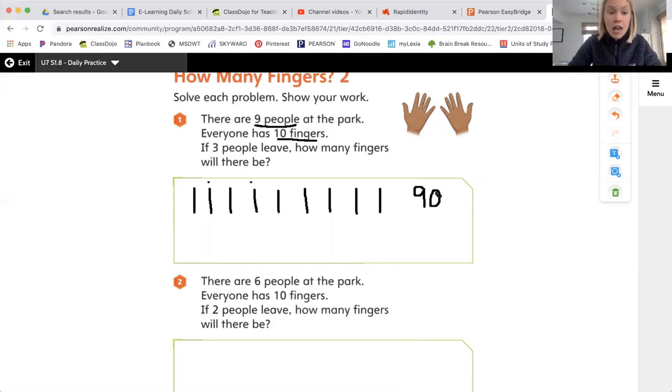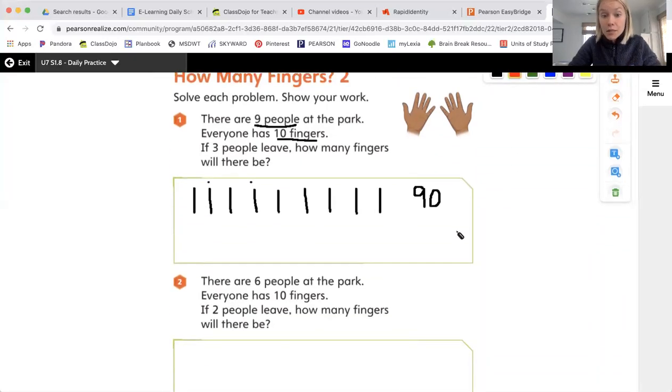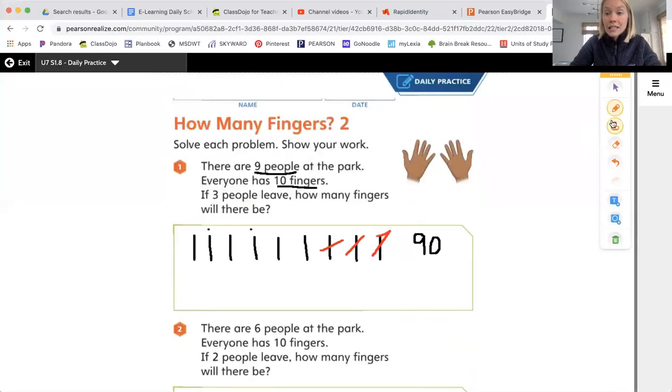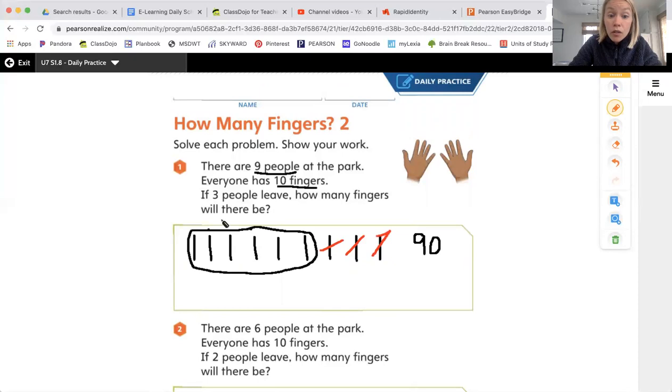Now it says, what happens if 3 people leave? Okay, well, I'm going to get my red because if they leave, that means I'm taking away. So I would take away 3 people. 1, 2, 3. 3 people left. So now I know I need to count these guys that are left. And it wants to know how many fingers, not how many people.